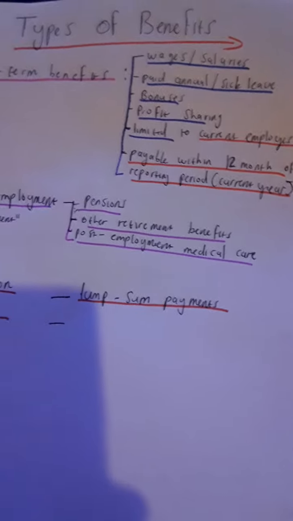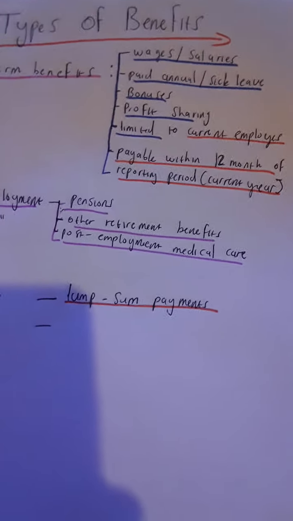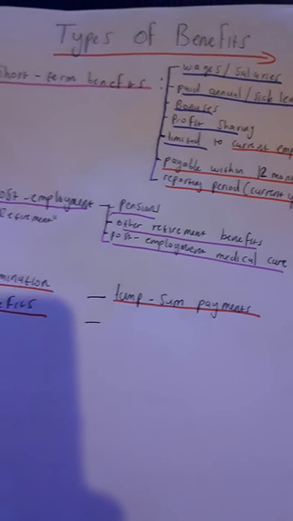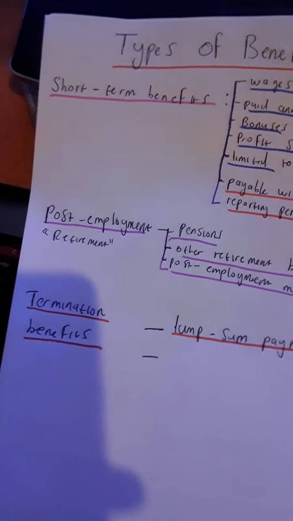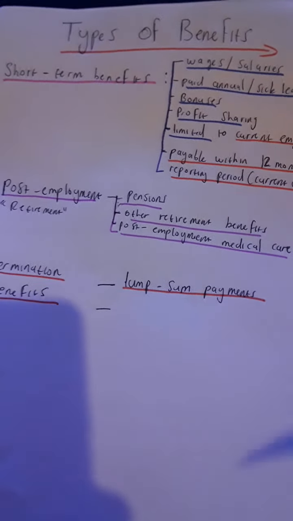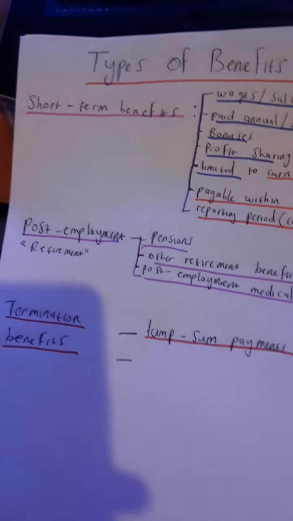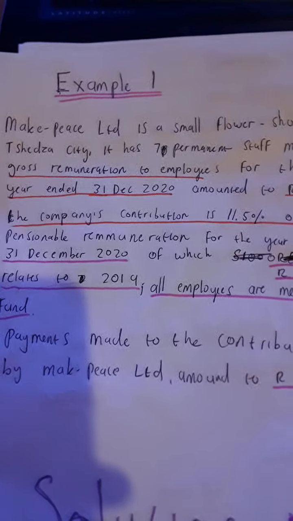This includes your lump sum payments if your employment has been terminated, but not limited to this. You can read more on this in your official study material. This is just to remind you and get you geared up for the lesson that I have prepared for you today. Now let's look at a typical example here.